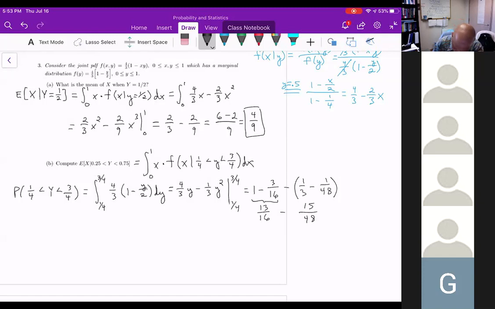Now, if I get an overall common denominator of 48, I need to multiply the first term by 3/3. So that's going to give me 39 minus 15, which is 24. And so that means that we get 1/2. So it happens to come out to a nice fraction.